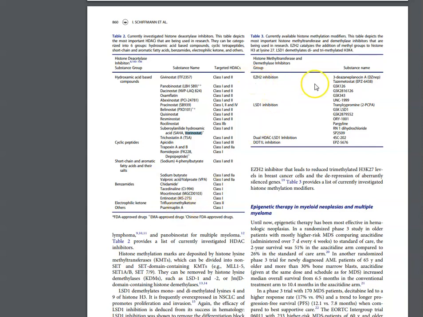On the EZH2 inhibition side of things, there is GSK343, which is looking very interesting as an EZH2 and possibly G9A inhibitor. So a lot of these are experimental drugs that are not yet in clinical practice, but they are certainly being trialled, and some of them are going through clinical trials, some of them are slightly more routinely used. But have a look through this review and you'll get a really good indication of what is being used routinely and what is just an experimental drug.